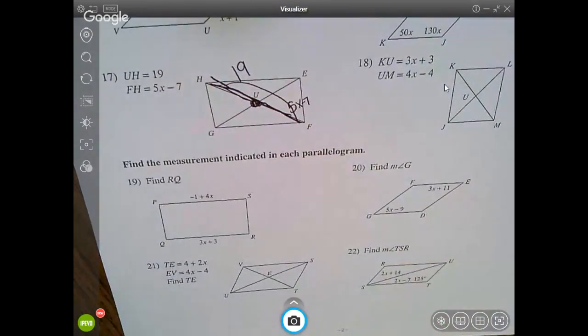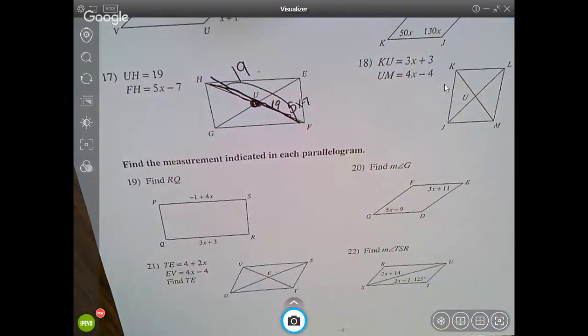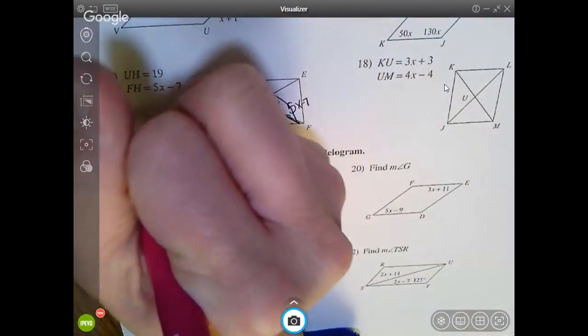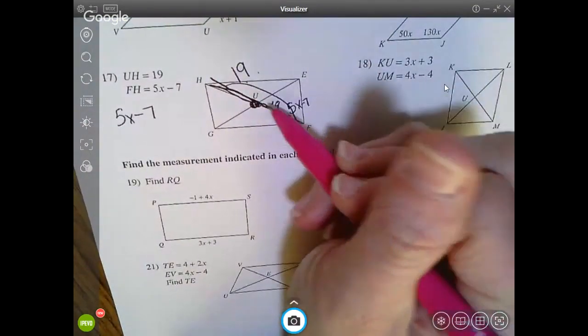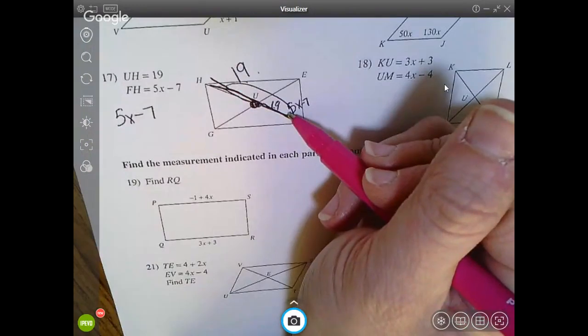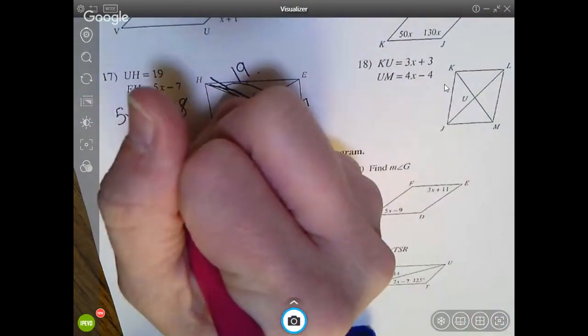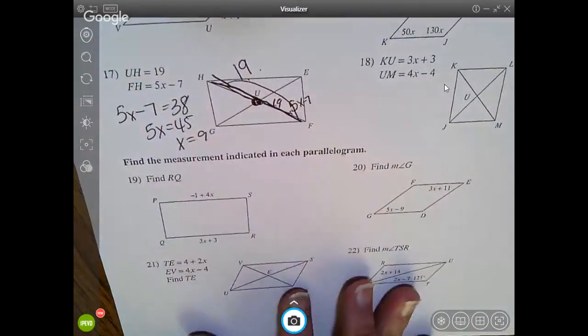So if UH is 19, this has to be 19. So I know that FH is 5x minus 7, UH is 19, and UF is 19. And then when you add it up, we get it equal to 38. 5x equals 45. X equals 9.